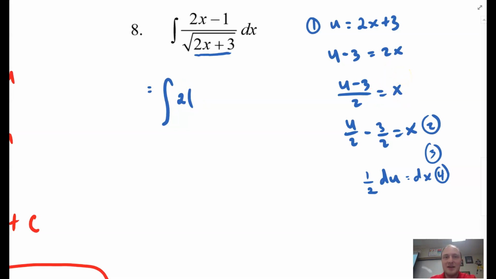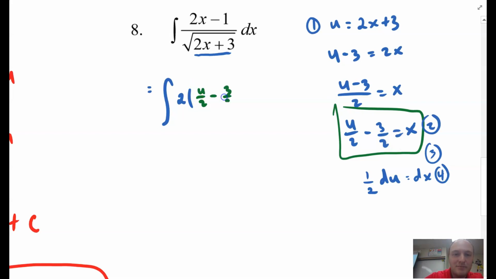Actually, scratch that. It is here. Okay, so I'll just substitute this in. So u over 2 minus 3/2, close parentheses, times the square root of u.